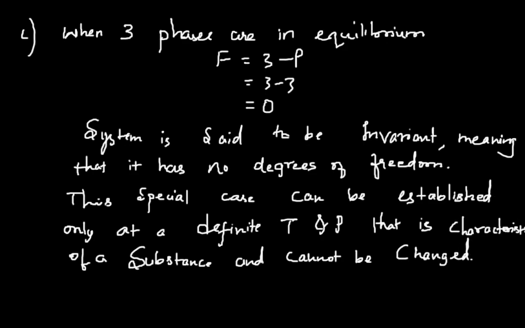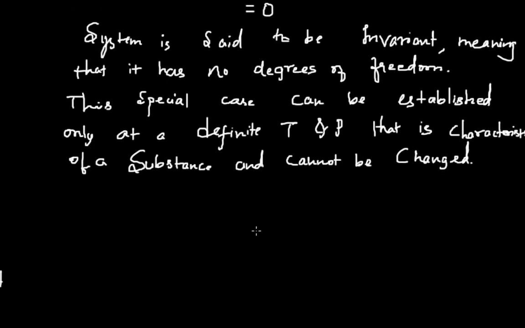So in the phase diagram, equilibrium of three phases is therefore represented by a point.